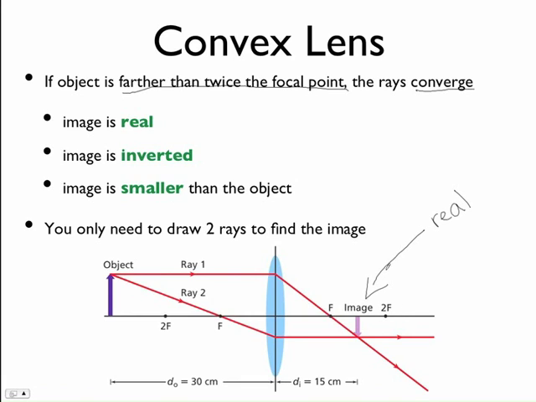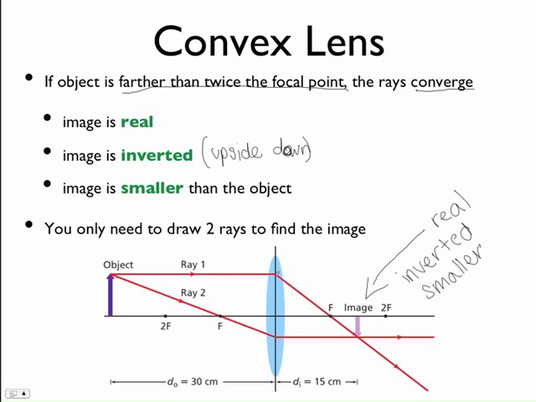Okay, this image is upside down. They call that inverted. Okay, you can write upside down if you want, like on your tests and quizzes or whatever. I'll give you credit for that. Upside down. And then the image is smaller. Okay, and you'll just draw two rays. You'll draw one.